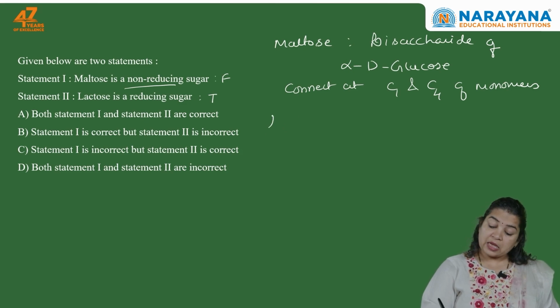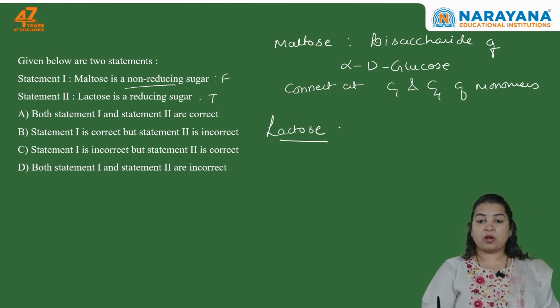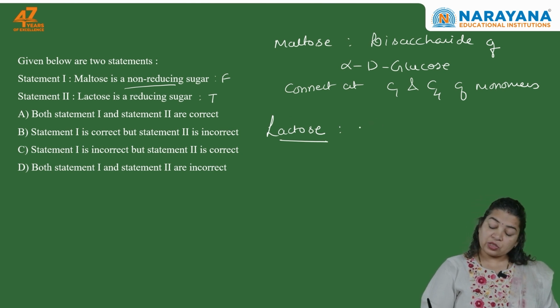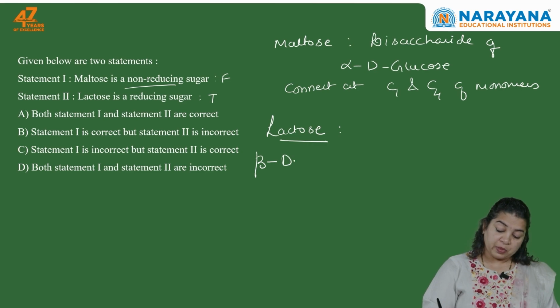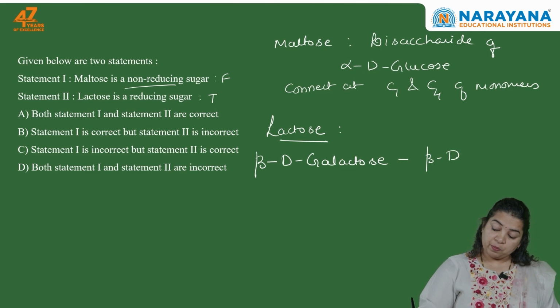Moving to lactose. How does lactose behave? Lactose has both beta, but what are those? Beta D galactose is bonded to beta D glucose.